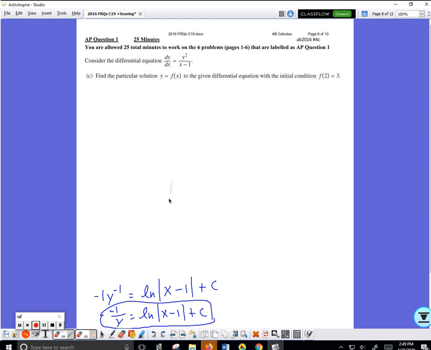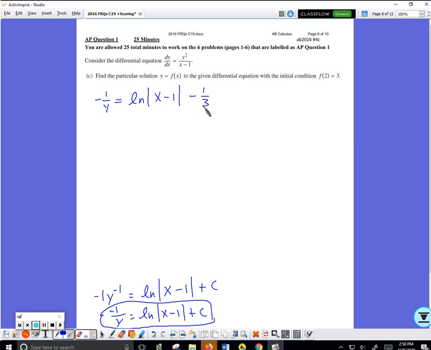Okay, so we're starting with this equation here. So we have negative 1 over y equals natural log, absolute value of x, subtract 1, minus 1/3.